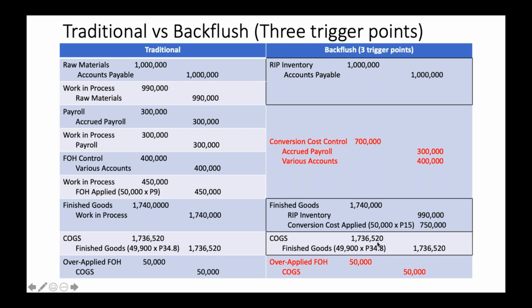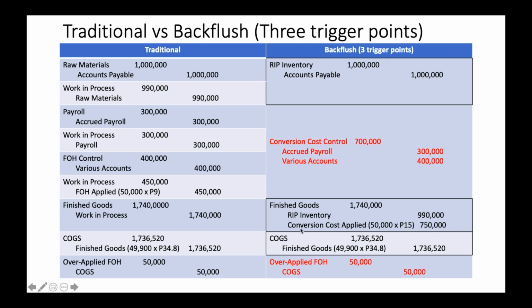1,736,520. How did we get this? That's 49,900 times 34.8, and then credit finished goods. After doing these three entries, we will now flash back the cost.